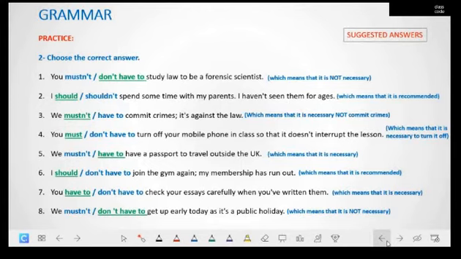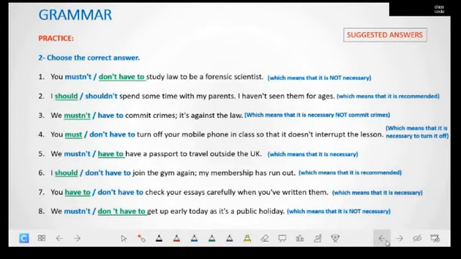The other have is the main verb. So it might sound a little bit funny, but we have to, which is the modal verb, and we have, which is the main verb. So we have to have a passport to travel outside the UK, which means that it is necessary.